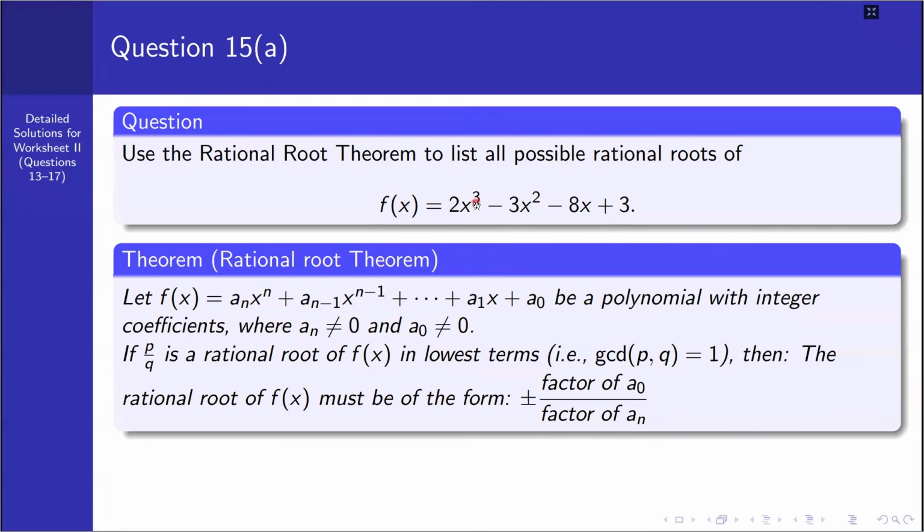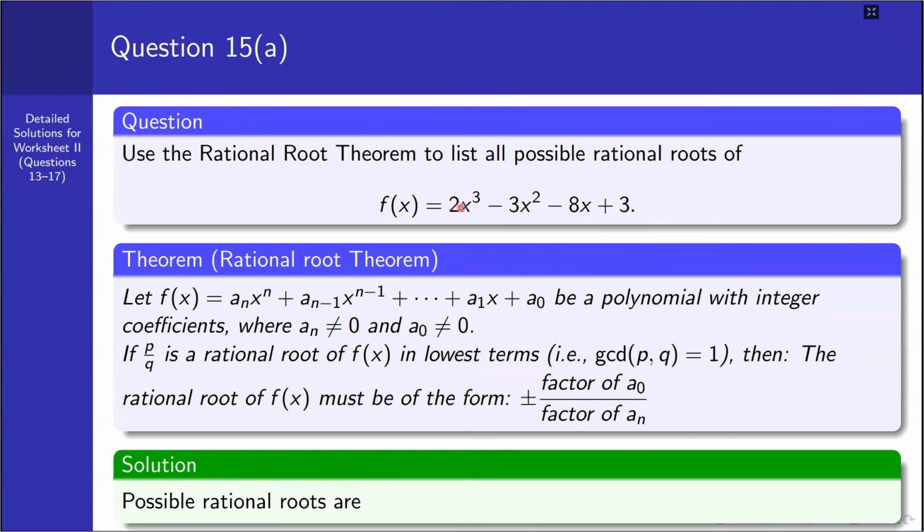Here we have leading coefficient 2 and constant term 3. So if this polynomial function has rational roots, the possible rational roots must be plus or minus the possible factors of the constant term, 3, divided by the possible factors of the leading coefficient, which is 2.